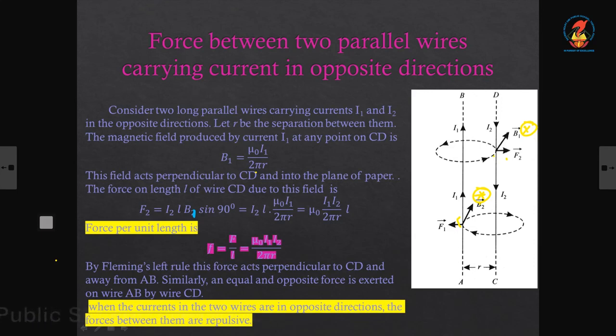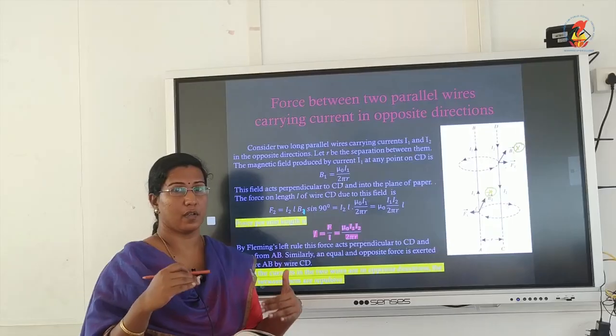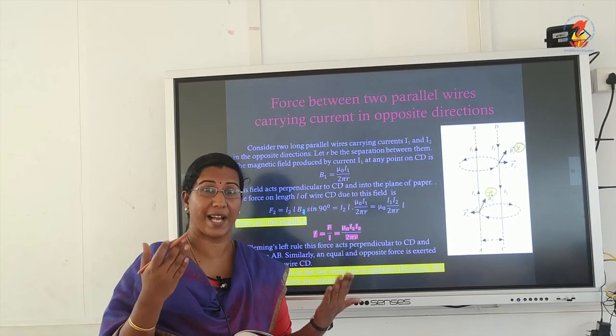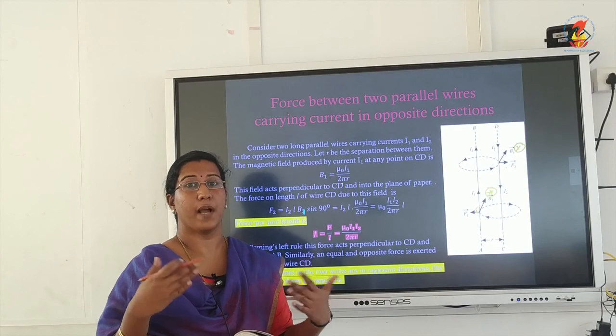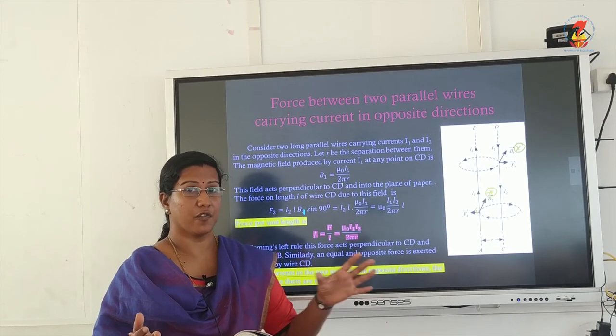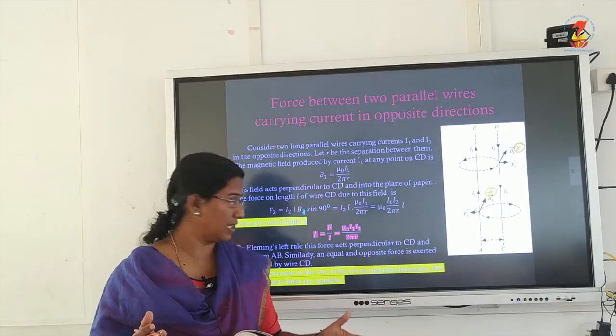This I2 L B1, we substitute the value of B1, you get mu 0 I1 I2 by 2 pi r into L, and force per unit length is mu 0 I1 I2 divided by 2 pi r. So, whether the current is flowing in the same direction or in the opposite direction for the parallel conductors, the magnitude of force is the same, but the direction varies.